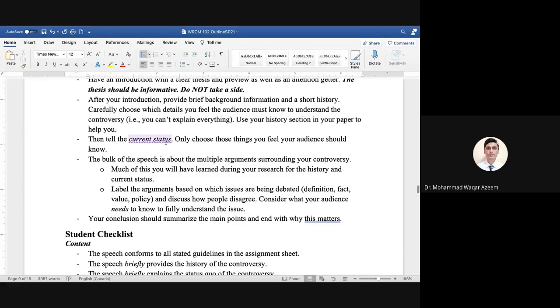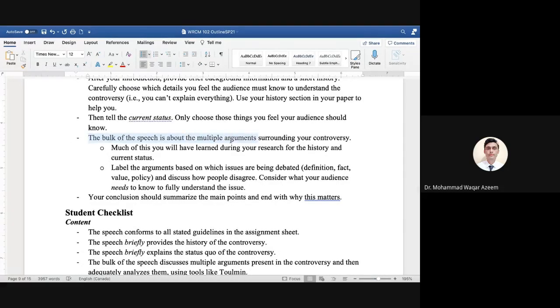Then tell the current status. Only choose those things you feel your audience should know, right? So for both parts, history and status quo or current status, do not read out the whole paper that you have written. Rather, choose and pick important points that you would like to share during the speech.